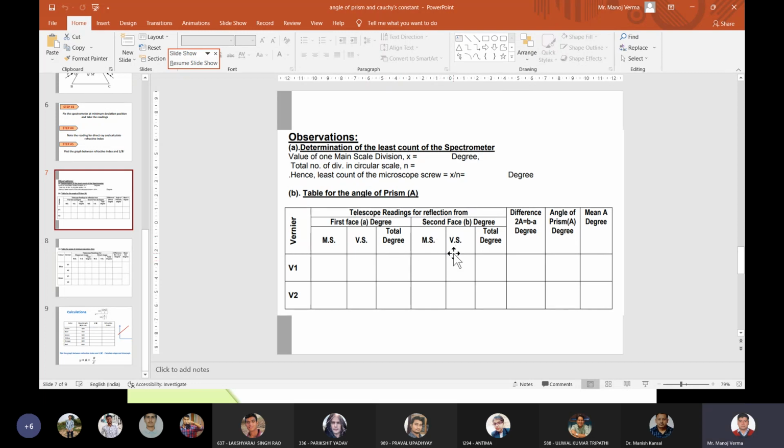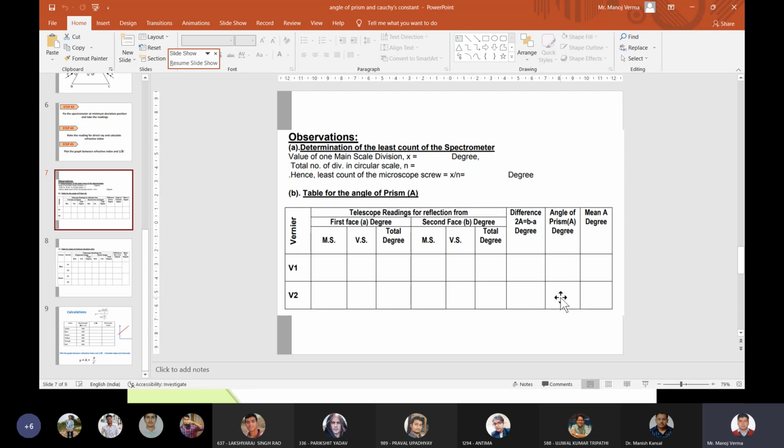Similarly, from the second face in vernier 1, you have to do this. Then you have to find the difference of vernier 1 of position 1 and 2. This will give you 2A. Similarly, vernier 2 will also give you 2A. For both cases separately, you have to find A by dividing by 2.